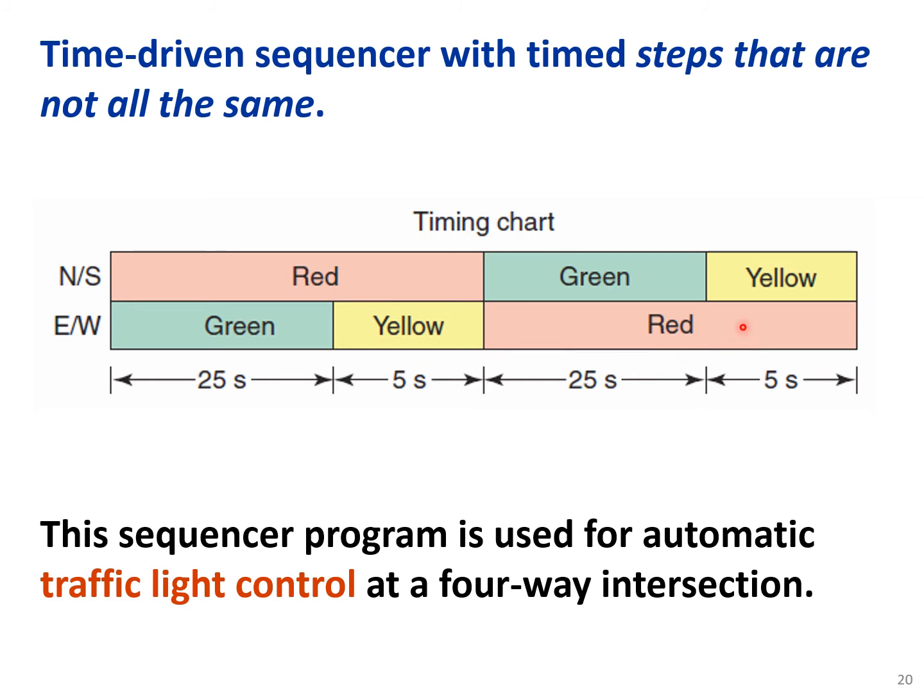Then it changes to red light, and the first one north-south goes to green and yellow. So you see that we have specific time intervals, yes? This sequencer program is used for automatic traffic light control at the four-way intersection, okay?